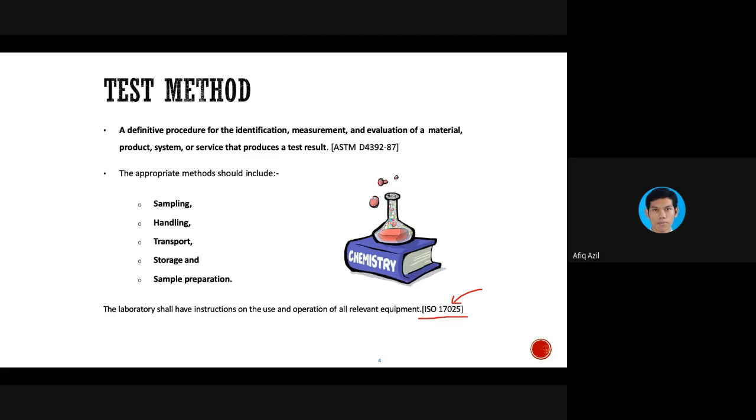Okay, normally you see in office we have this ISO 9001, 9002. Okay, and that one is related to office management. Okay, but for lab, it has a very specific ISO for itself, which is ISO 17025.